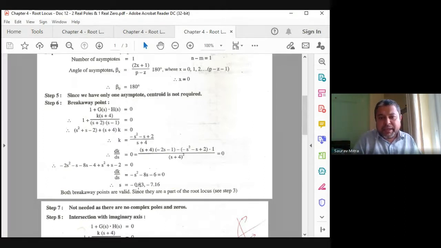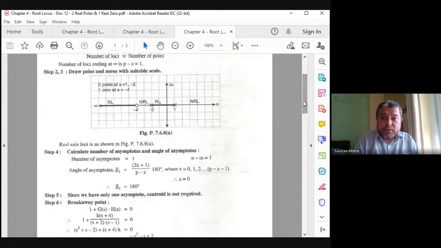Likewise, minus 0.83 is the breakaway point because it is between 2 poles. So whenever 2 poles are side by side, the breakaway point lies between them. I could have given one more 0. So I told you yesterday about that numerical with 2 zeros and 2 poles.